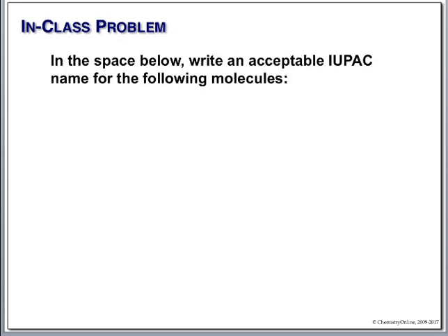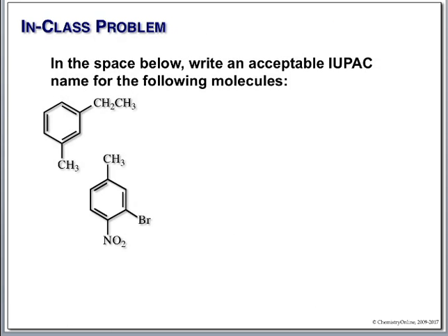All right, we started off here with some very simple nomenclature. Here we have 3 compounds, and we simply want to write the IUPAC name. Our first one is a disubstituted benzene.